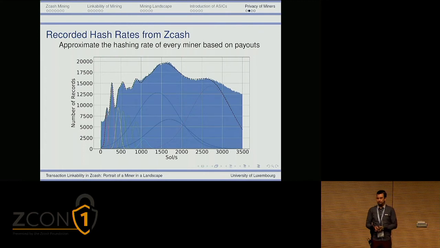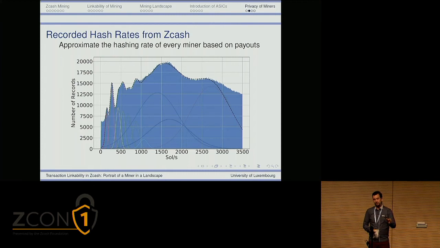After we tried to plot this curve as a combination of normal distributions, what we found was that all the means of these specific normal distributions are, again, coincidentally, exactly the mining power of the different rigs that are found in GPUs inside Zcash.